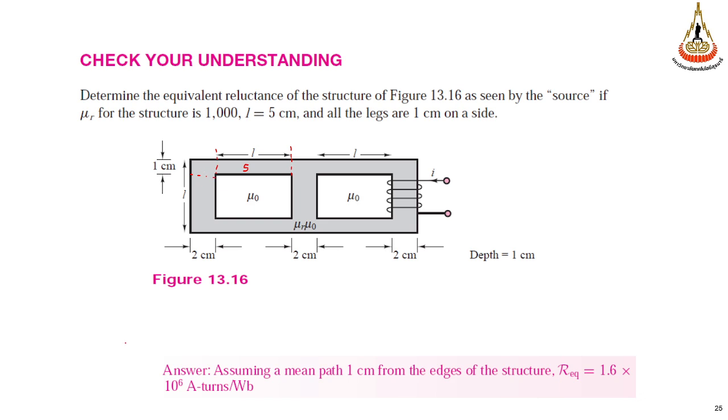And so the magnetic path would be, this is 5 also, this is 5 also, from this to this. This is the mean path. You need to get the mean path for calculation.